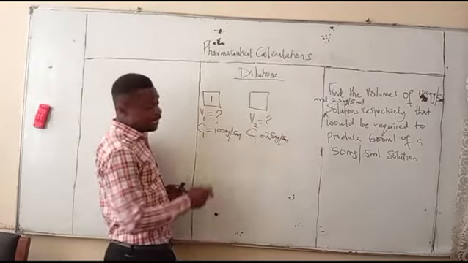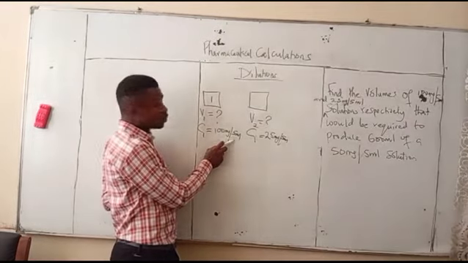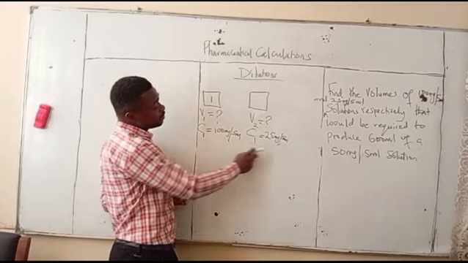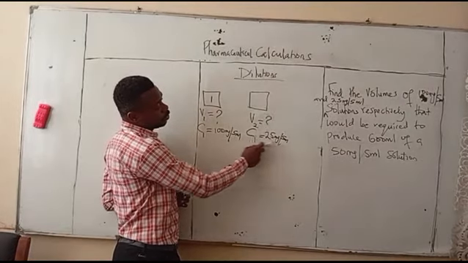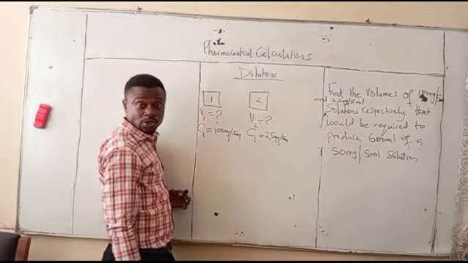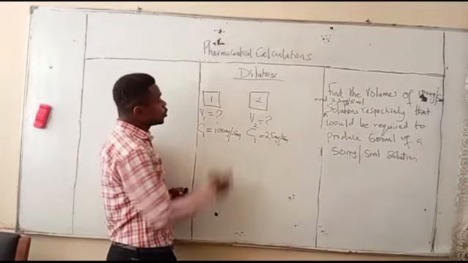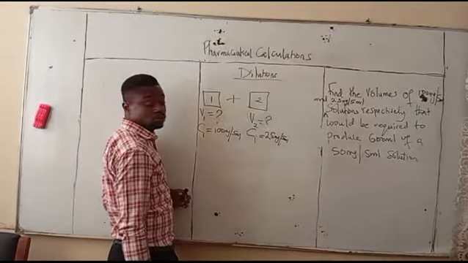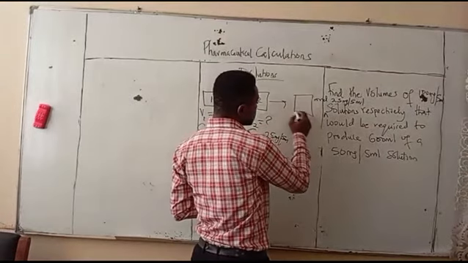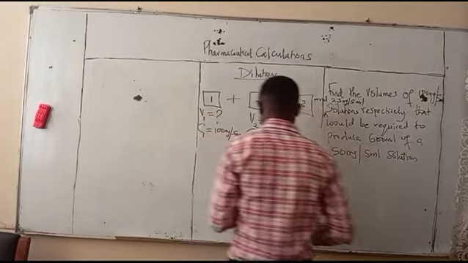What this means is that if you take 5 ml of solution 1, it will contain 100 milligram of sodium chloride. And if you take 5 ml of solution 2, it will contain 25 milligram of sodium chloride. Does it make sense? So you mix these two solutions to yield a third solution, solution 3.